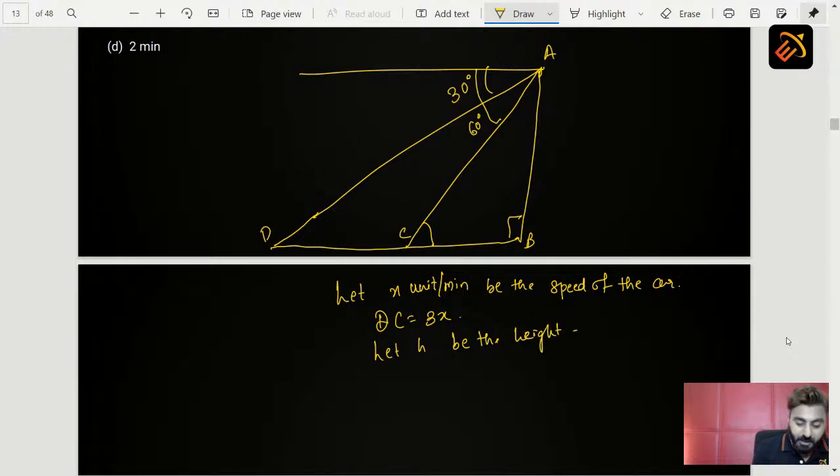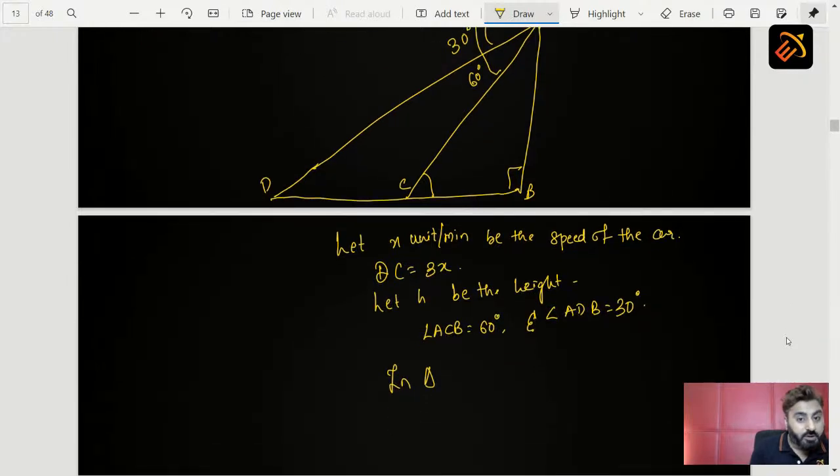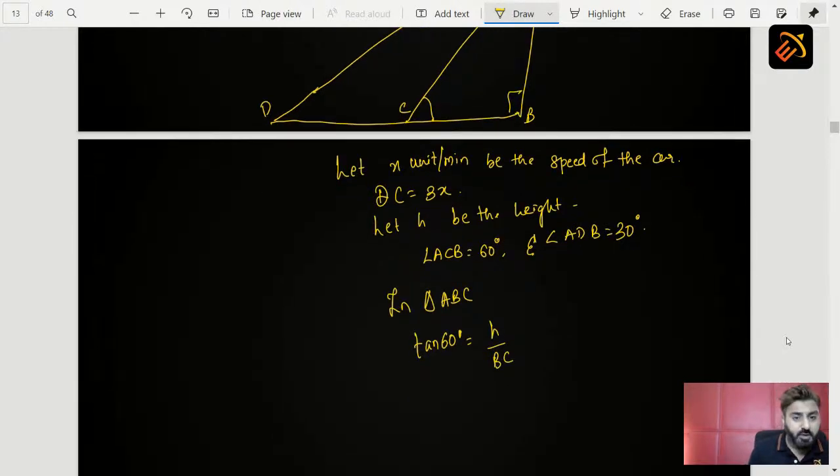Now in this case angle ACB is equal to 60 degree and angle ADB is equal to 30 degree. Now in right angle triangle, which one? ABC. So in right angle triangle ABC, what is tan 60? So tan 60 is basically h by BC, opposite upon adjacent, and from this we can say h is equal to root 3 into BC.